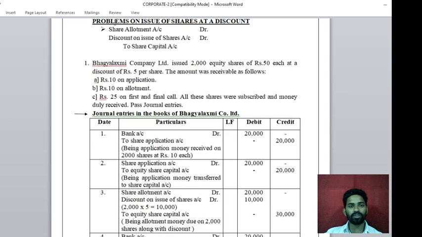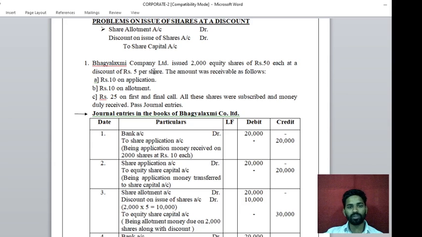Now see the entry for the issue of shares at a discount, while the allotment: share allotment account debit, discount on issue of shares account debit, to share capital account credit. Like this we have to pass the journal entries for the issue of shares at a discount.